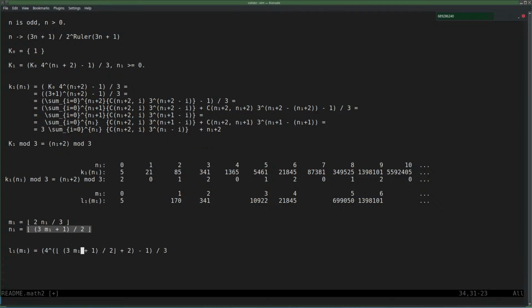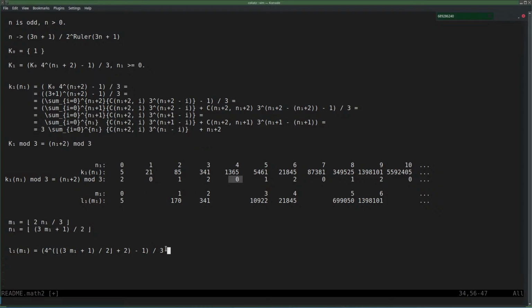Let's put the floor a little bit closer. So this is 4 to the power, the floor of 3 m1 plus 1 divided by 2, plus 1, and then minus 1, and then divided by 3. Plus we're not done yet, because that's just filtered out all the modulo 0 values.